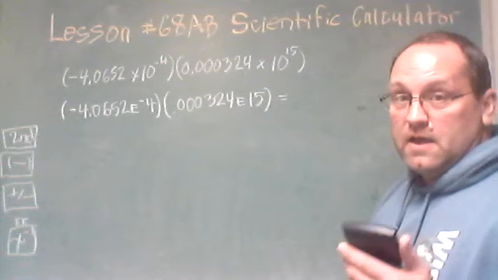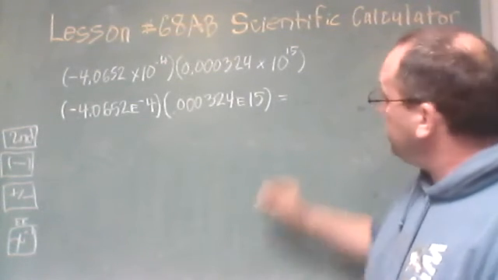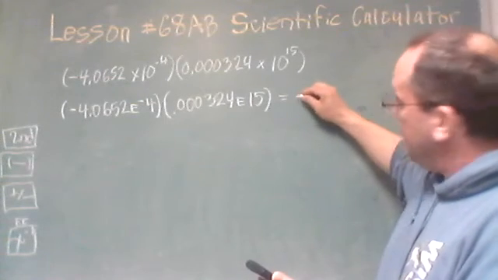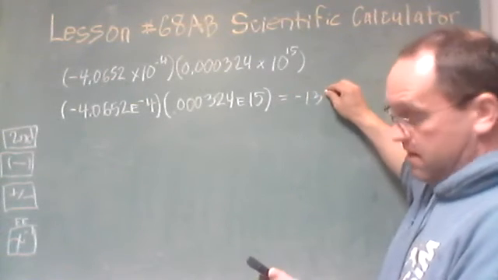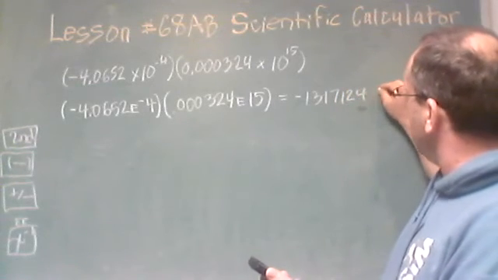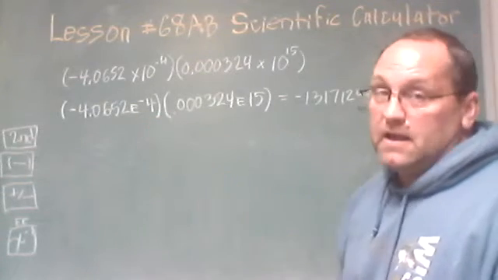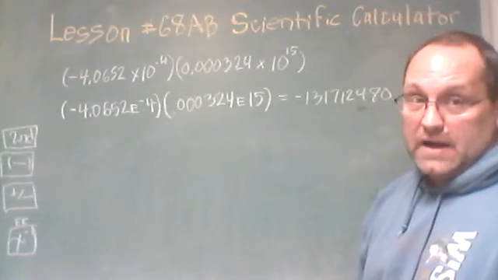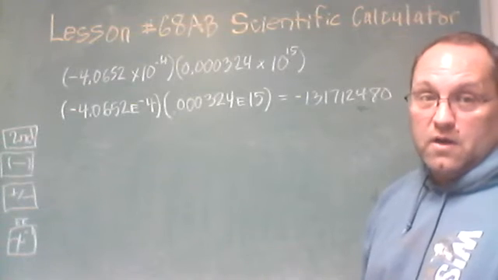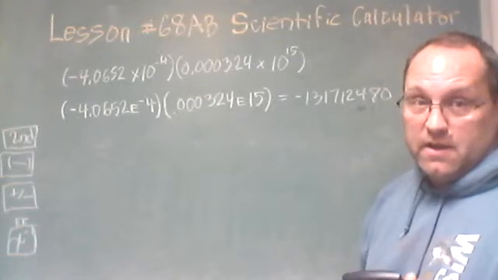Okay, in this case, the way I have my calculator set up right now, it gives me a number of minus 131712480. It doesn't give it in exponential form because right now I have my calculator set up to return decimal numbers.